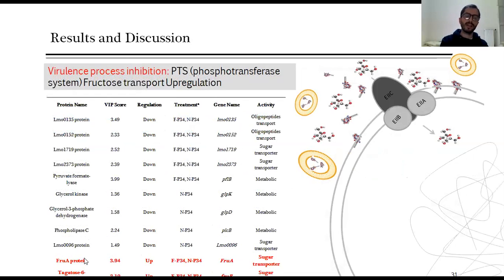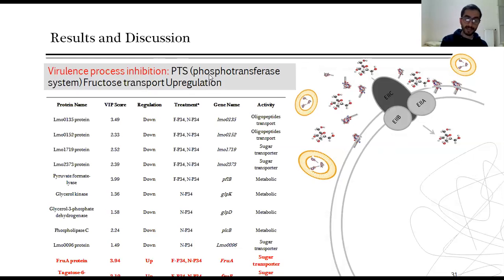These two proteins are related to carbon source uptake and are the main proteins upregulated in both treatments. It means that these proteins probably are the only way for carbon source uptake, and they are strongly upregulated.